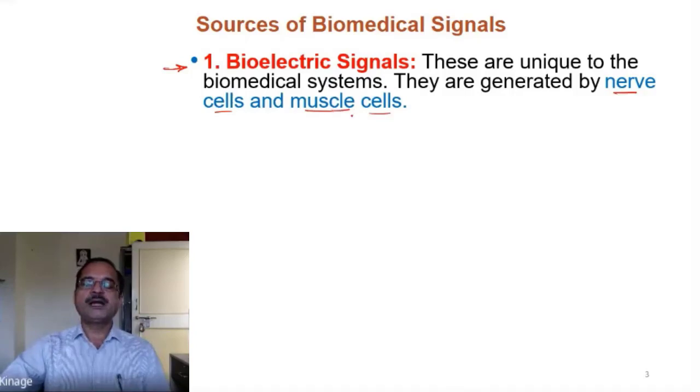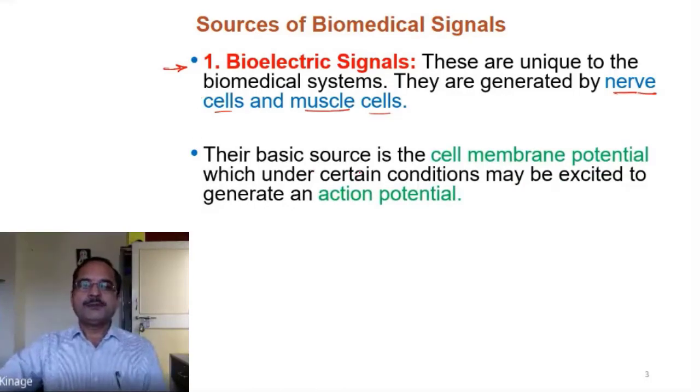When some physical activity happens, these muscle cells produce an electrical signal, and that is one of the bioelectric signals. As part of the working of our nervous system, our brain cells, which we call nerve cells, also generate electrical signals. These types of signals are bioelectric signals.